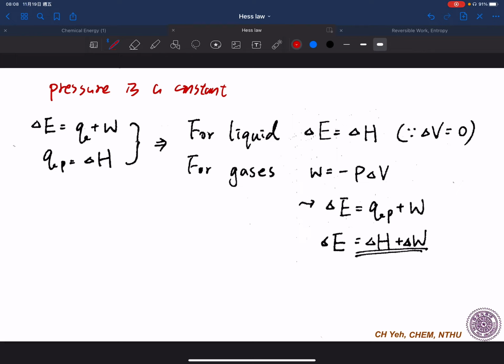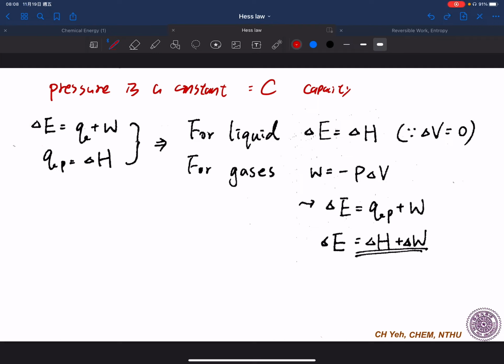Okay, when it talks about heat capacity, we can find the enthalpy change in the system from the measurements. And next, what is the internal energy change?